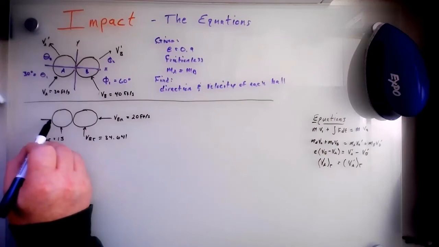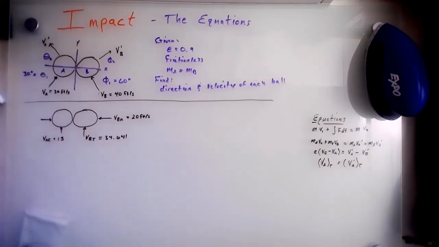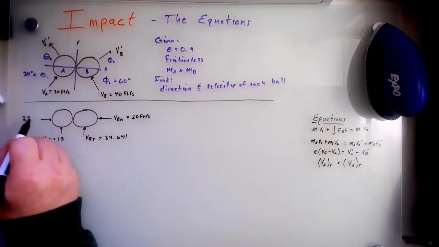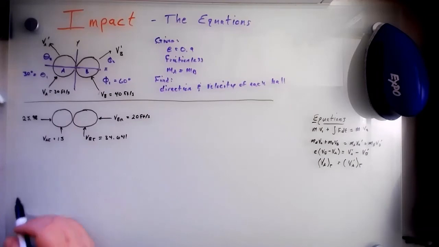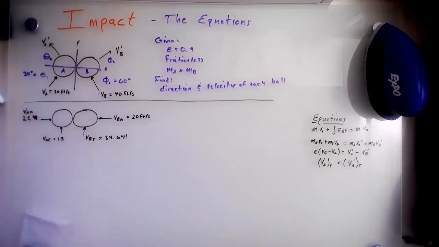And here, 30 times the cosine, so 30 times 0.866 is 25.98. Okay, and that is VAN.